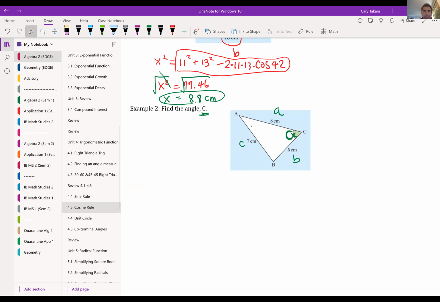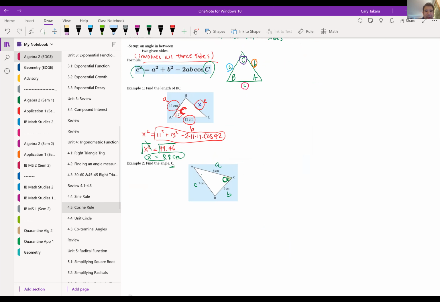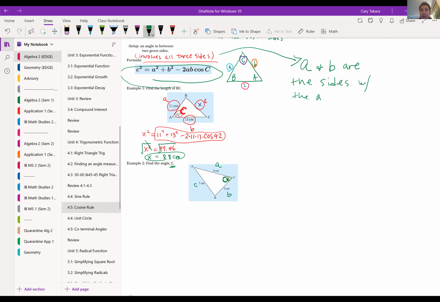Also, let's write this down too, maybe in your notes: A and B are the sides with the angle in between. Is my English making sense? So A and B are the sides that have the angle in between. That's how you identify A and B.